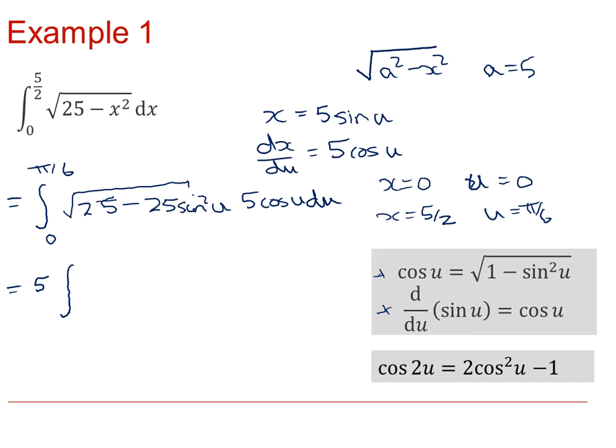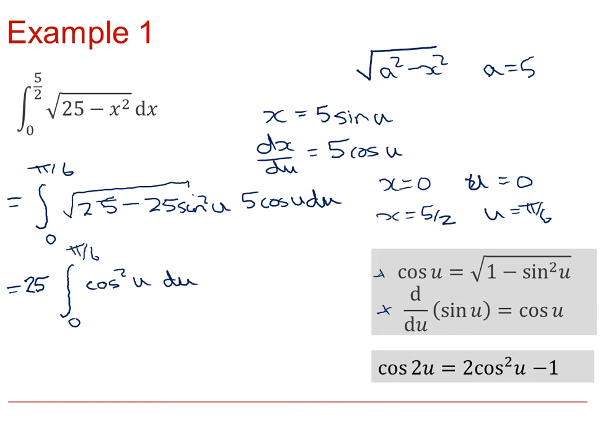So let's take out the factor of 5 first of all, and then we'll replace what's under the square root by cos u. Then we can see that we've got another factor of 5, so that would make 25 taken out, and another cos u, giving us cos squared u du as the integrand.